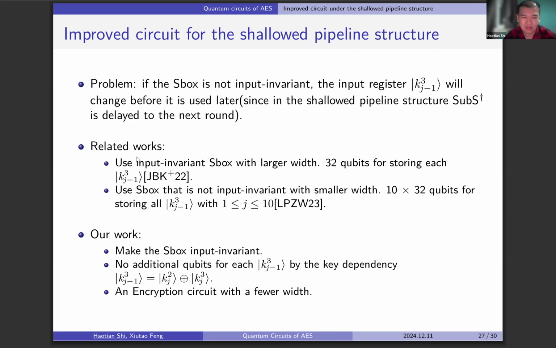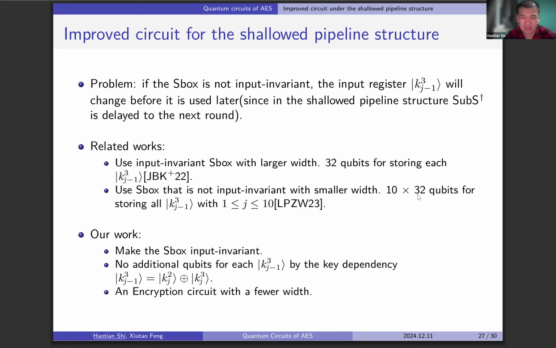For related works, the original work used input invariant S-box with larger width. They allocated 32 qubits for storing each Q3. Later in improved work, they use improved S-box, but the improved S-box is not input invariant.